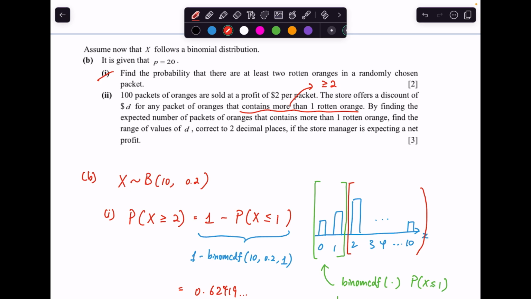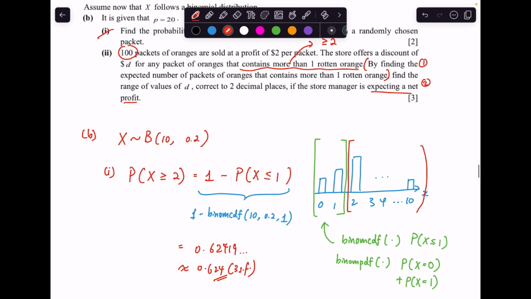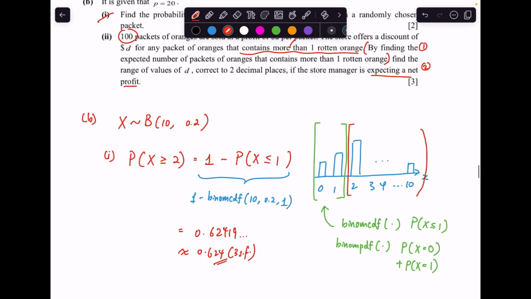Okay, let's take it step by step. Finding the expected number of packets is step 1. We want to find this first. Then I want to find the range of values of D if they expect a net profit. This whole thing is step 2. Let's focus on step 1 first. So we have 100 packets. We want to find the expected number of packets that contain more than 1 rotten orange.